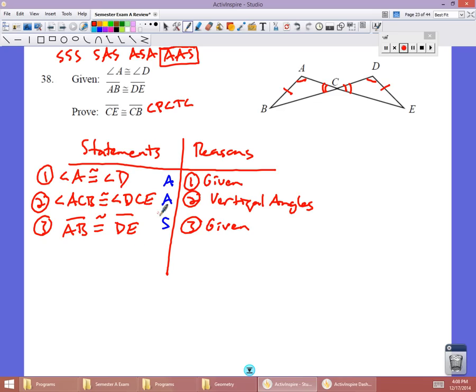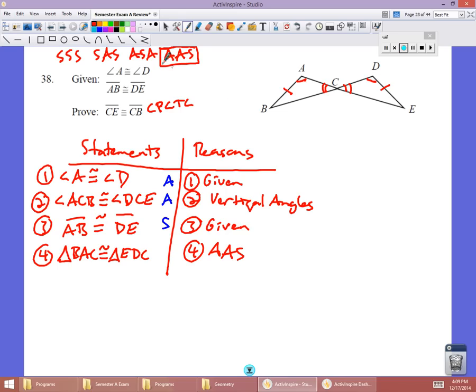Once we have all three of our angles and sides marked, now we know the two triangles are congruent. So I'm going to say triangle BAC is congruent to triangle, and B matches up with E, A matches up with D, so we're going to do EDC, and the reason here is angle, angle, side.